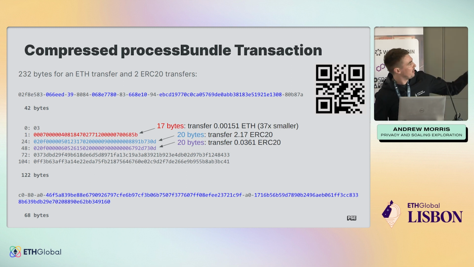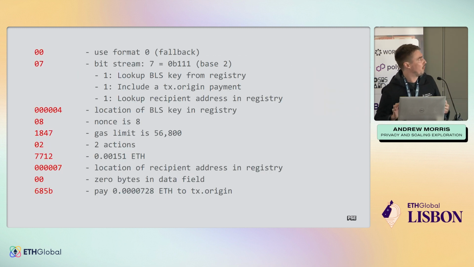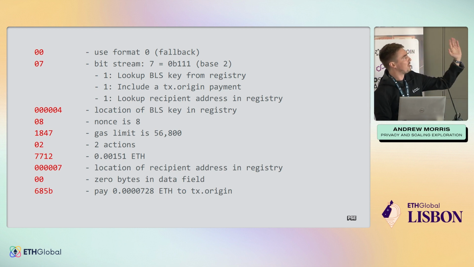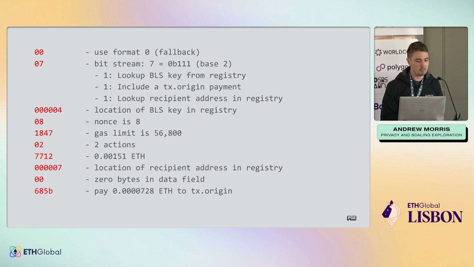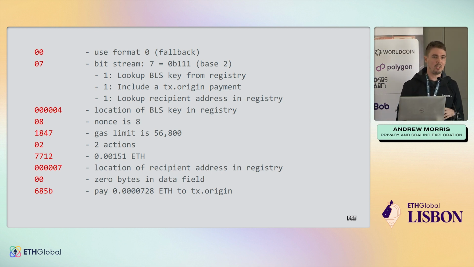So continuing to zoom in, let's see what's actually going on with those 17 bytes. How does it represent what's actually happening in that operation? So this is them, the annotations. All of these fields, I won't go through all of them. All of these are variable length fields. So in particular, you take, for example, that nonce field is only currently taking up 1 byte, but 1 byte can only represent 256 different nonces, so that would be a big limitation if it was only that.